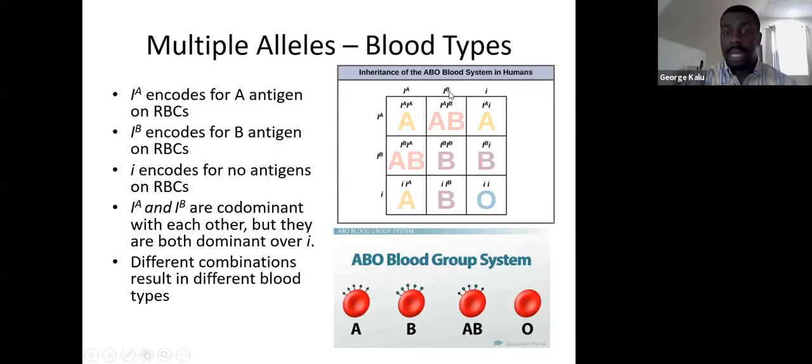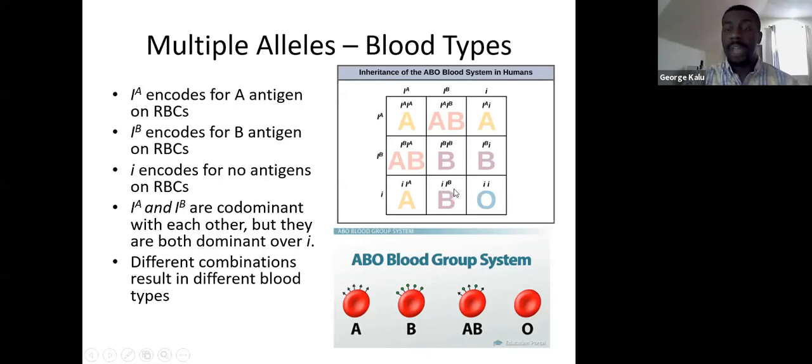Same thing is going to be the case for the Bs. If we have IB interacting with another IB allele, here we have type B blood. However, if that IB also interacts with a little i allele, the IB is still going to be dominant over the i, just regular old dominance, and so the B protein is what shows up.